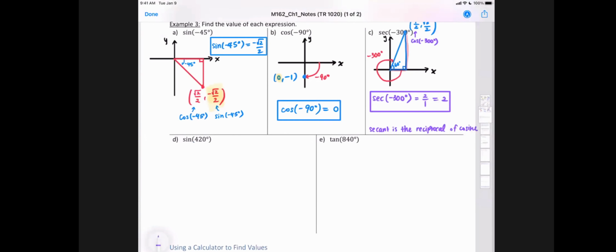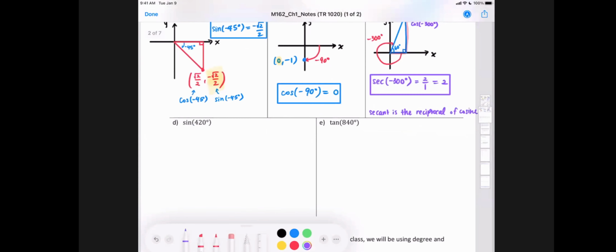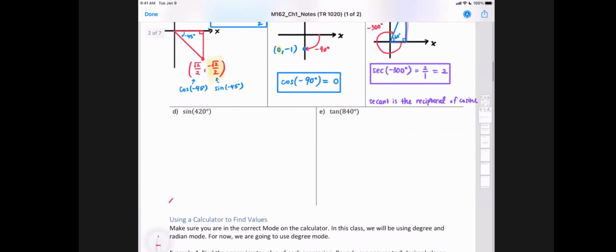Okay, so let's try the next one, sine of 420 degrees. 420 is more than 360, more than one full loop around. So 420 degrees is 360 and then how much more?